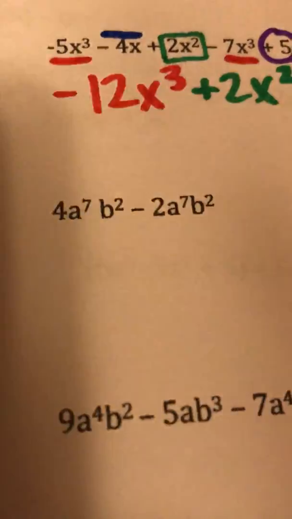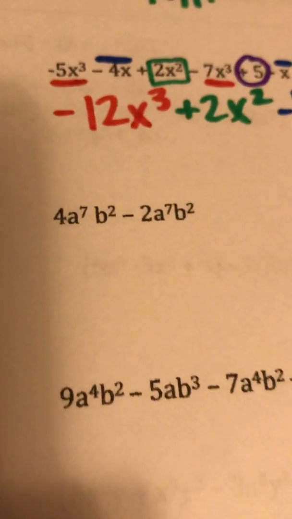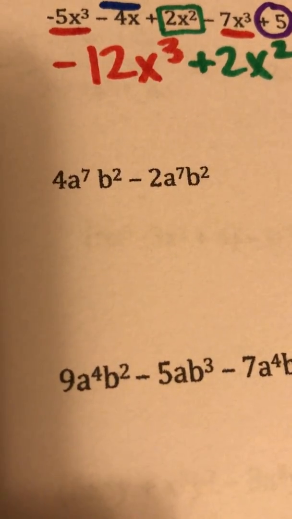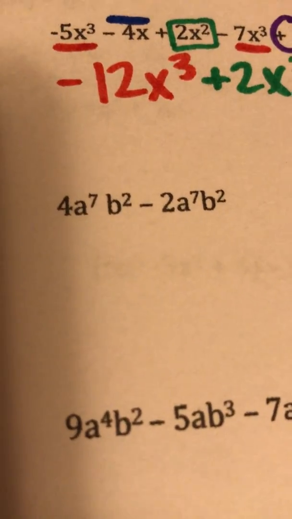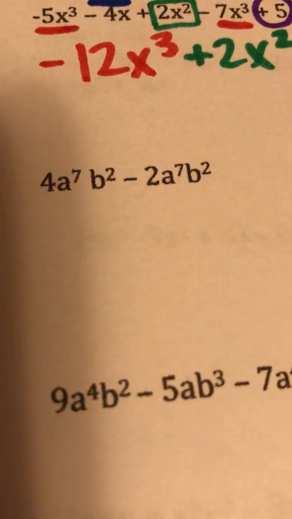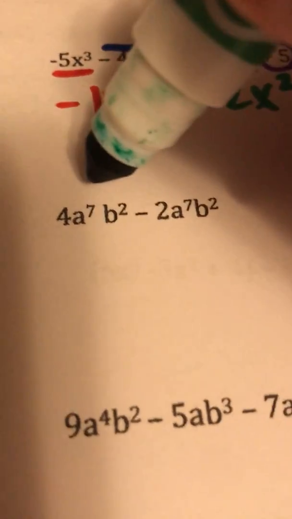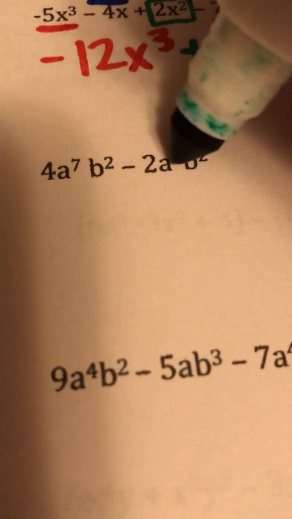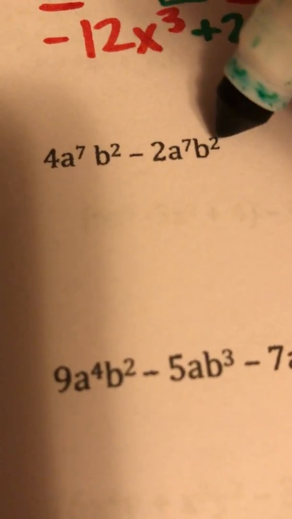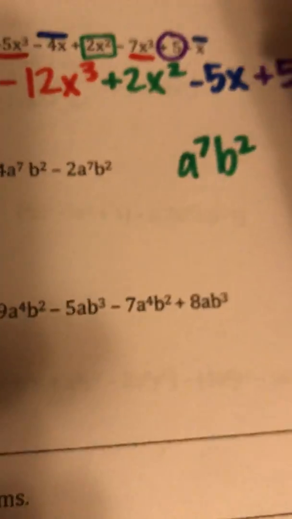At any time when we get to one of these items, please feel free to pause and give it a try yourself, and then unpause. All right, so when we look at this one, we have a to the 7th b squared minus 2a to the 7th b squared.